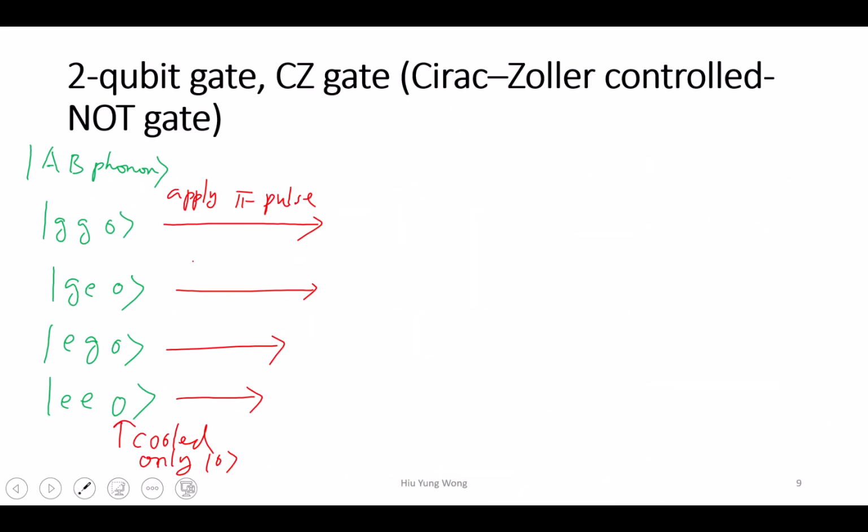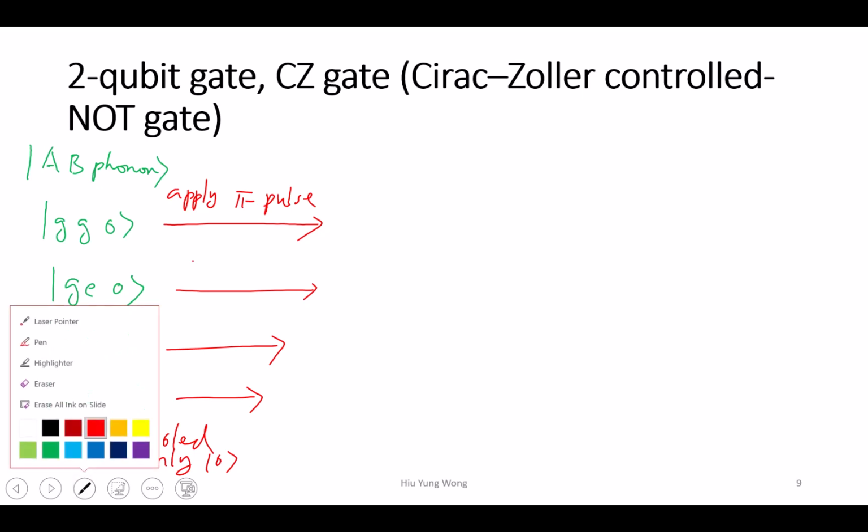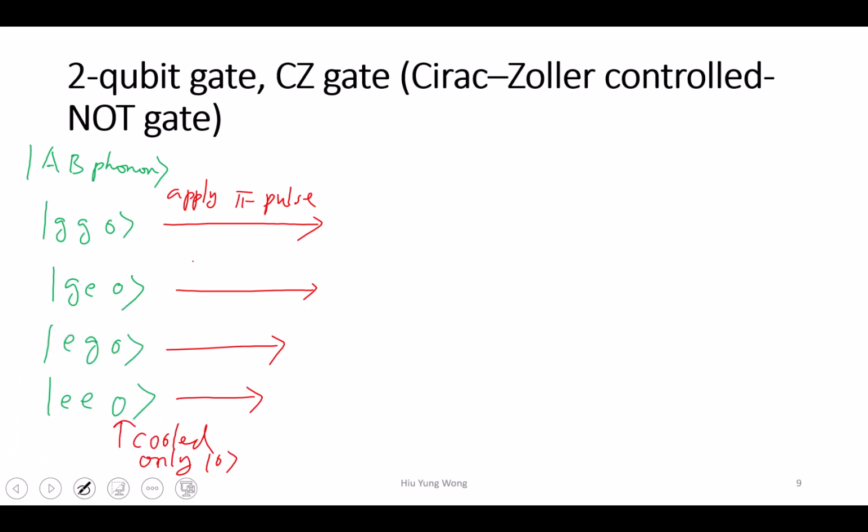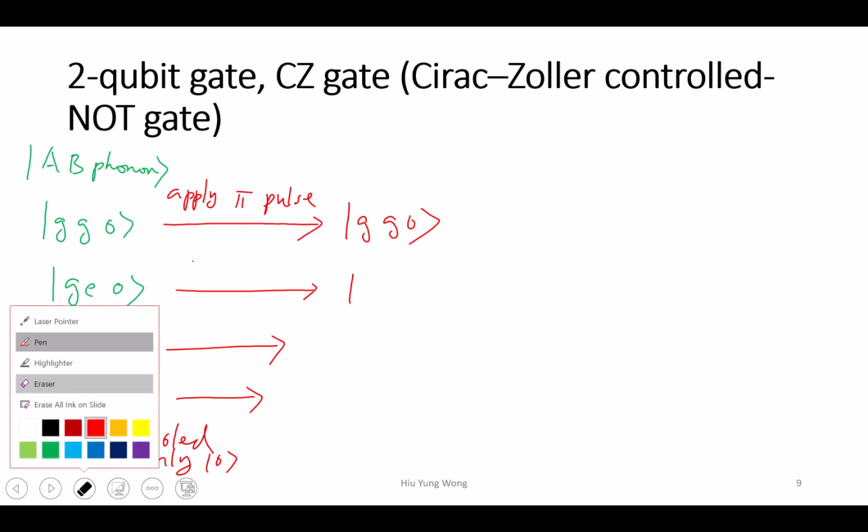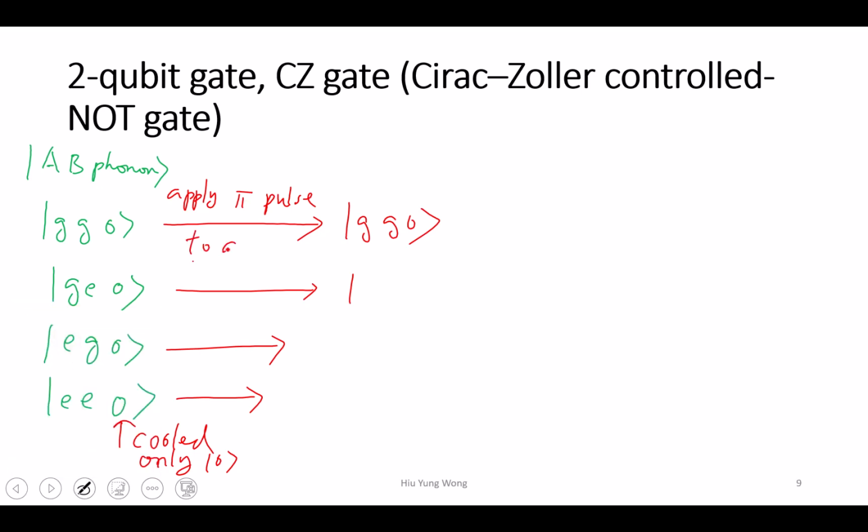So what is the first case? Because atom A is at ground state with no phonon, this is still G0. How about the second one? Again, remember, I apply the pi pulse only to ion A. Still the same, very good, because it's still G0.